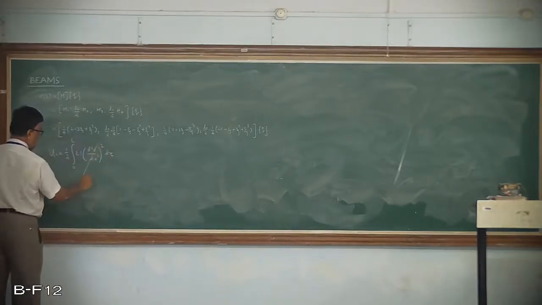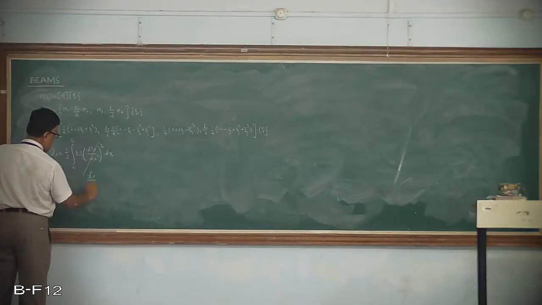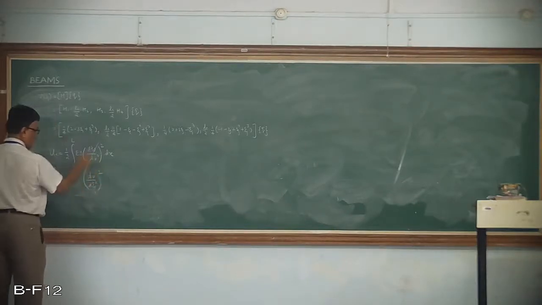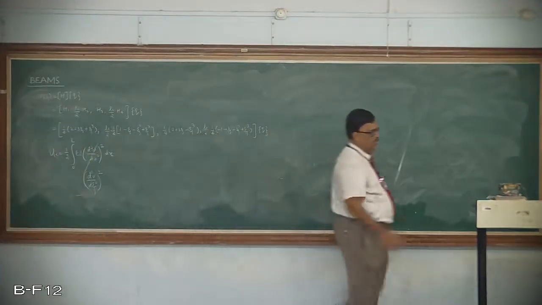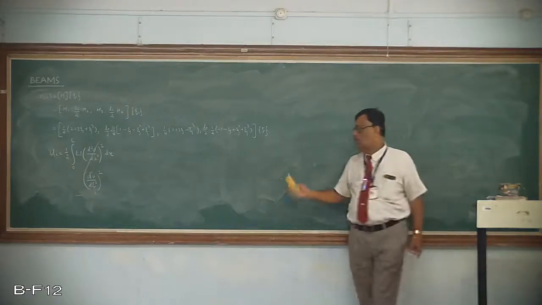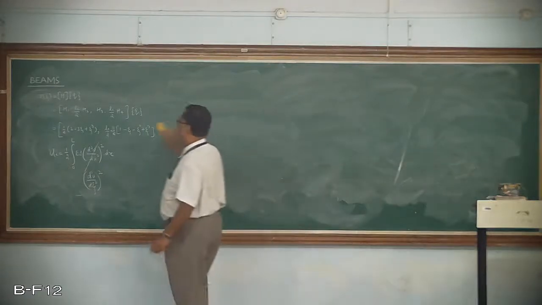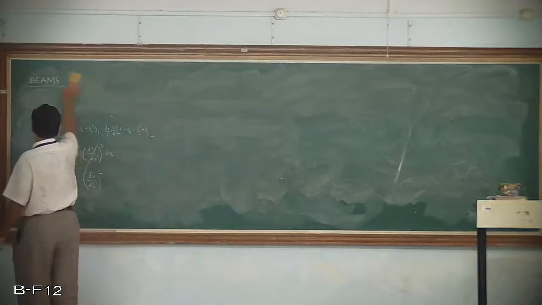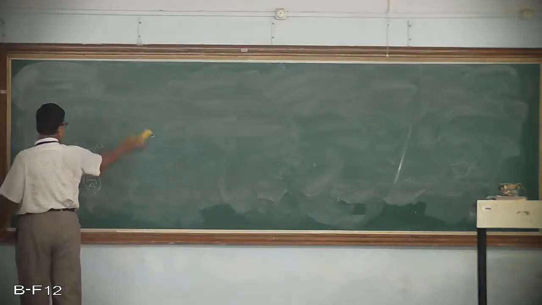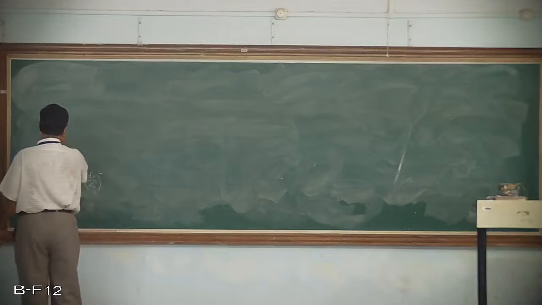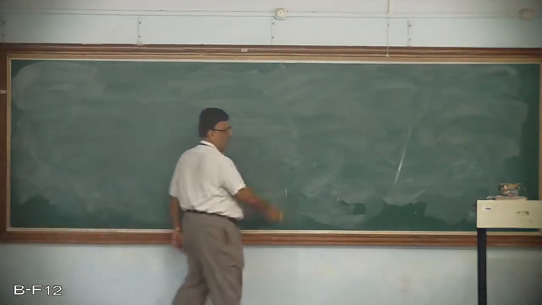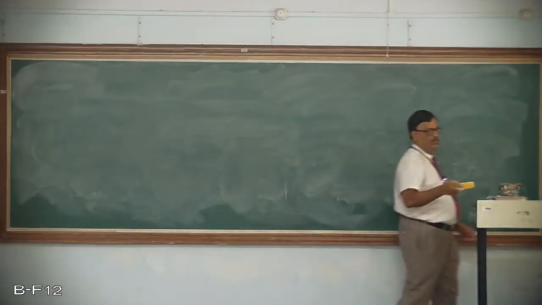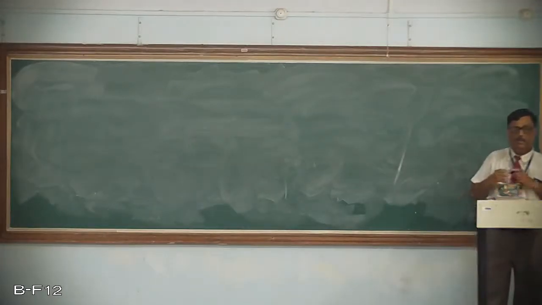Now I need to substitute this in terms of zeta, because all this x term needs to be converted into zeta term. Once we get that, it is easy for us to find the element stiffness matrix for the beam element. That I think we'll take up tomorrow. We'll discuss in detail how to find the element stiffness matrix for a beam, and then take up a number of varieties of problems, how to form the global load vector and all the details.